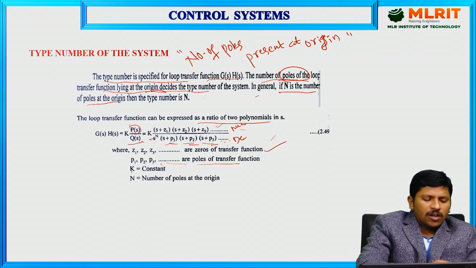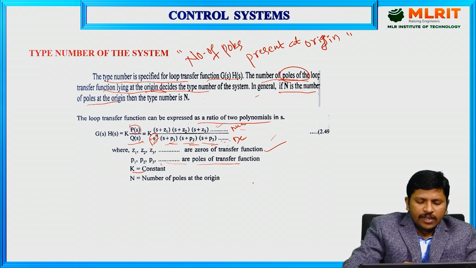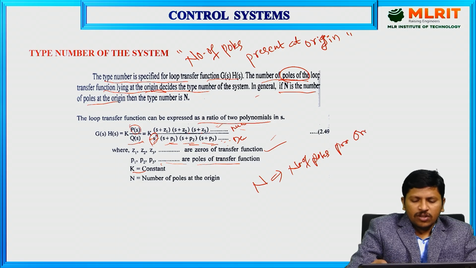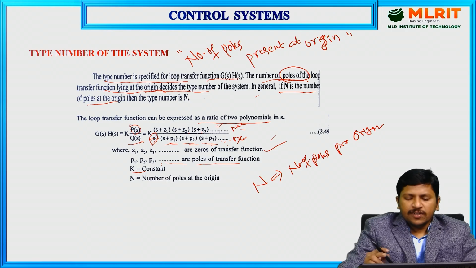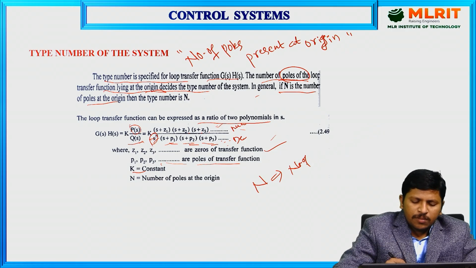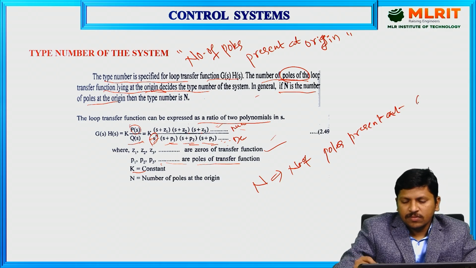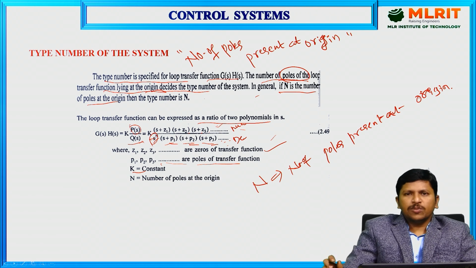K is the constant, and N, from s to the power of N, is the number of poles present at the origin.